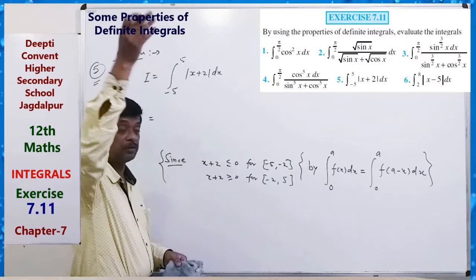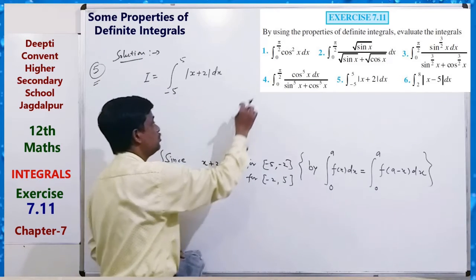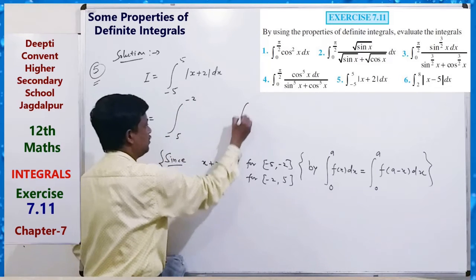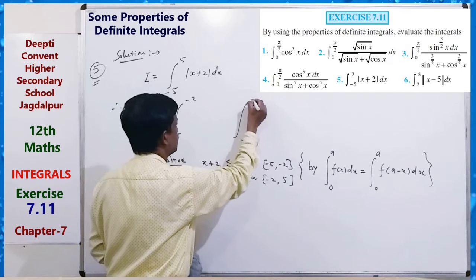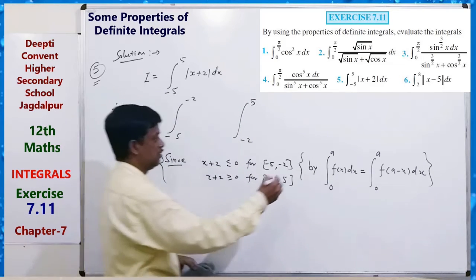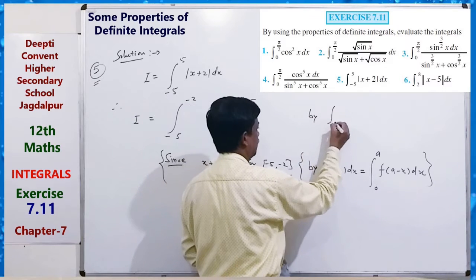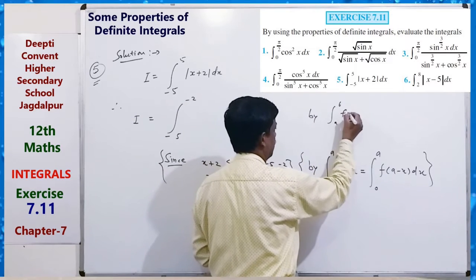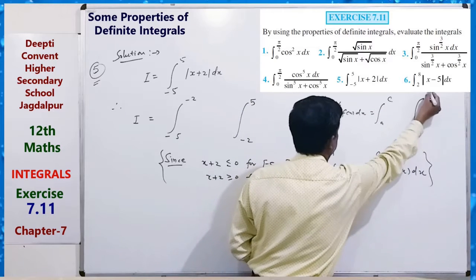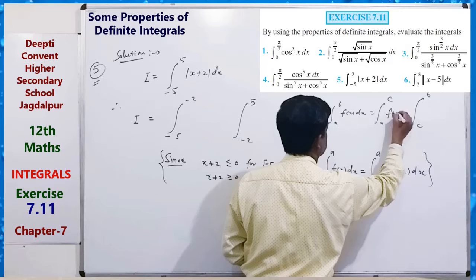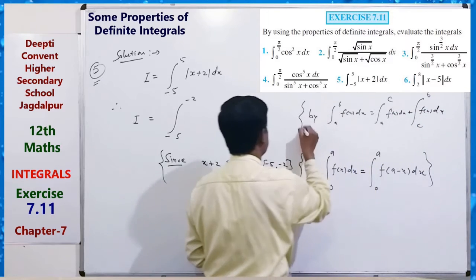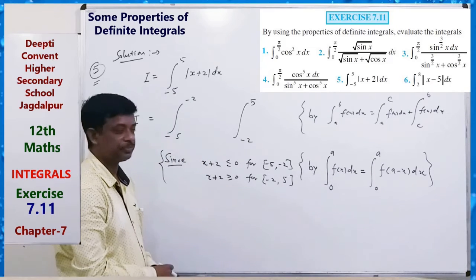So by using the definite integral property, the integral from A to B of f(x) dx equals the integral from A to C plus the integral from C to B of f(x) dx. By using this property, we can write like this.